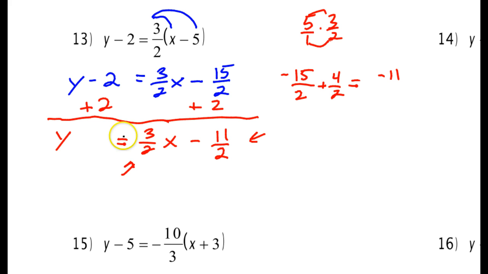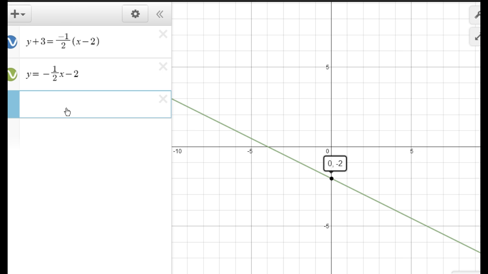And then, let's see here. Definitely can go and verify back over here. Number 13 is y minus 2 equals 3 over 2. By the way, for the fraction, I'm just using the slash button, the question mark button. That's what makes the fraction.